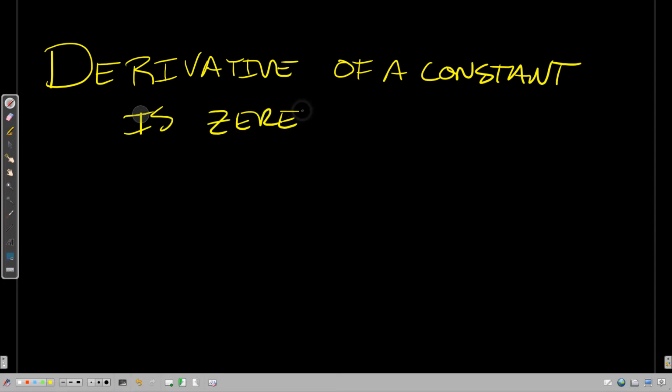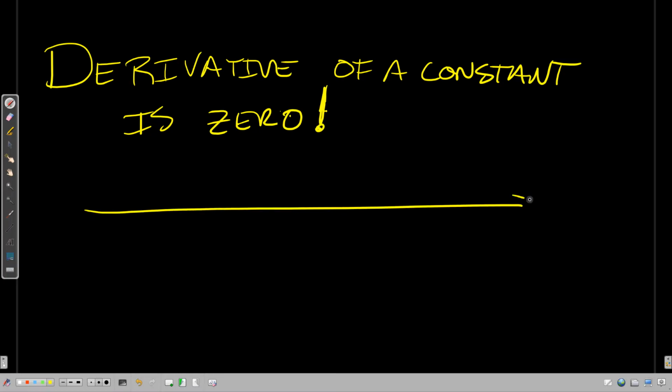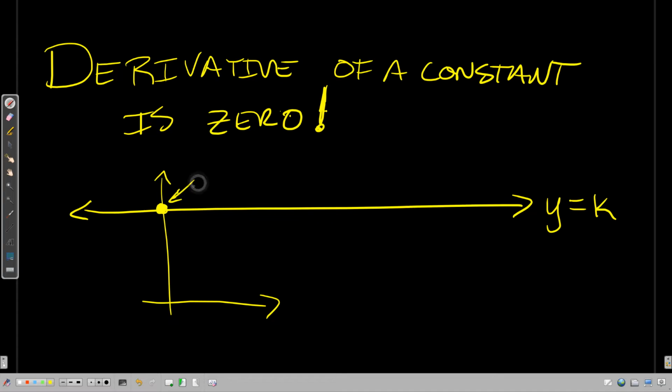This makes perfect sense because, after all, a constant function is a horizontal line. Maybe this is the constant function y equals k. That means that in my coordinate system, that y value right there is k. In fact, that ordered pair is 0, comma k, and any ordered pair on this line looks like something comma k.